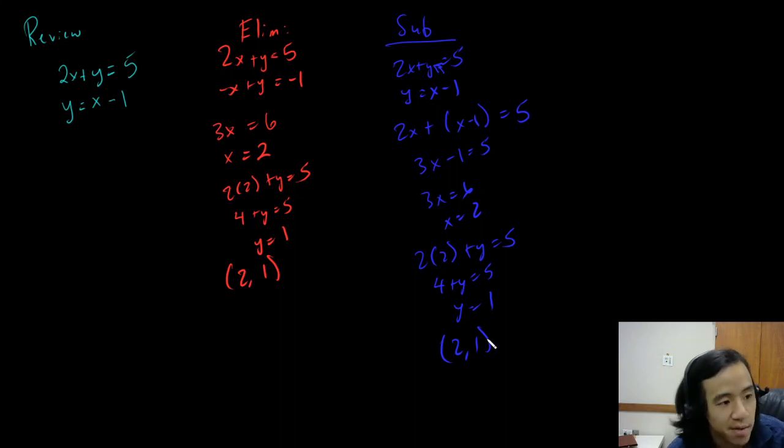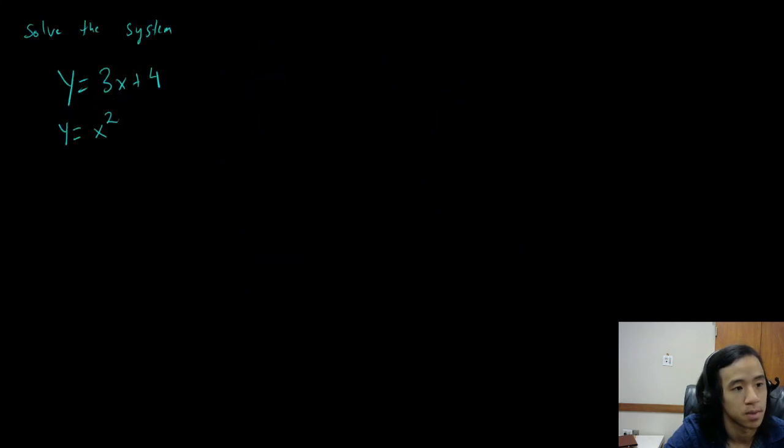Whenever we have a quadratic and a linear equation, we're not really going to use elimination. Instead, we are going to use substitution, and let me show you why. Here is an example.